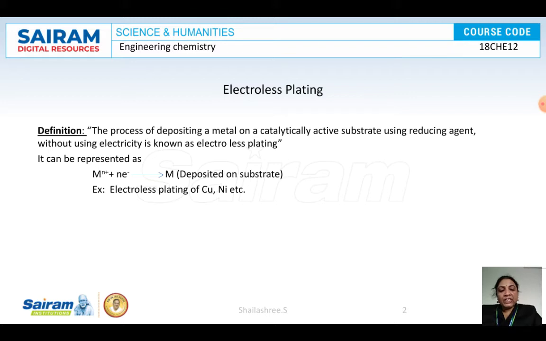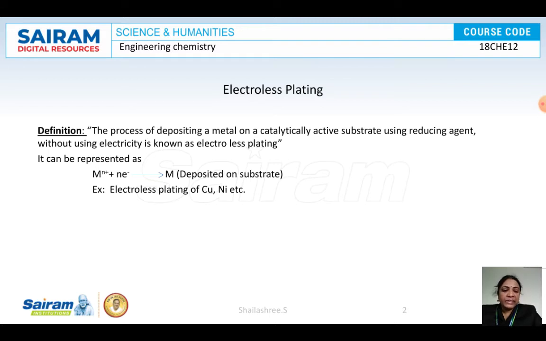Until the reaction begins, this coated layer acts as a catalyst. Once one layer is coated on the surface of the substrate, that coated layer starts acting as a catalyst to promote the reaction. That's why electroless plating processes are called catalytically active surfaces. They promote the reactions, which are also called autocatalytic redox reactions.